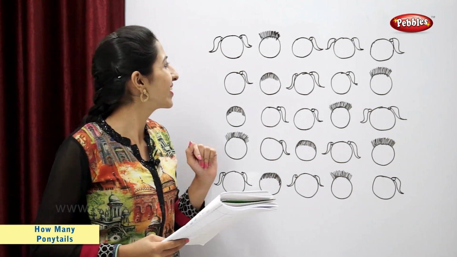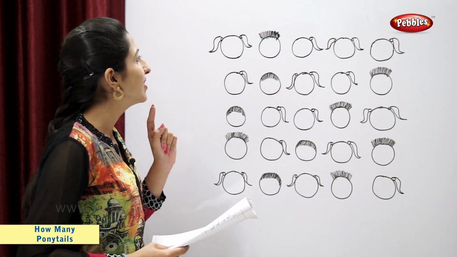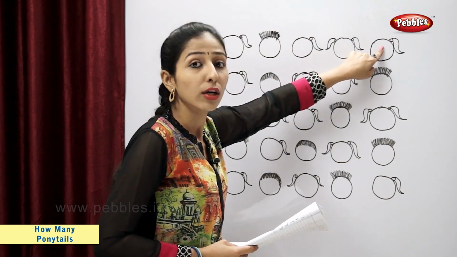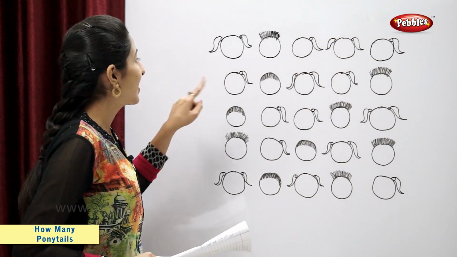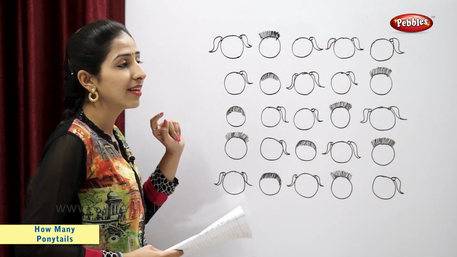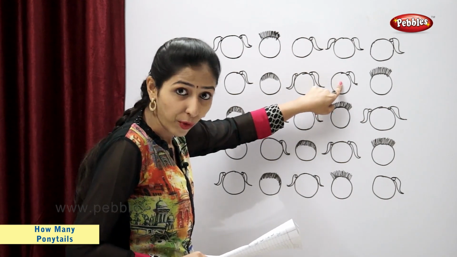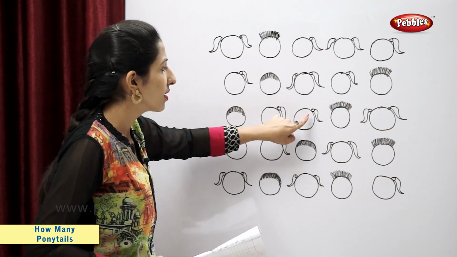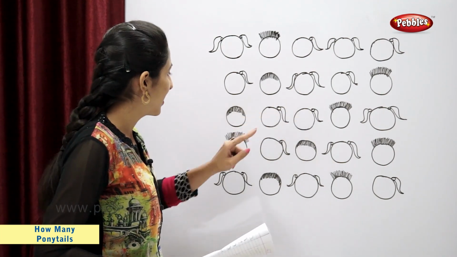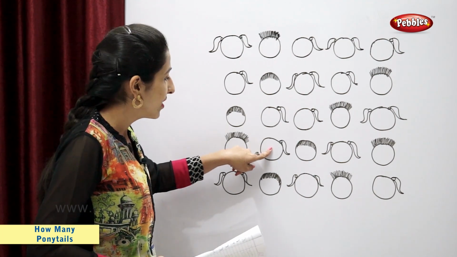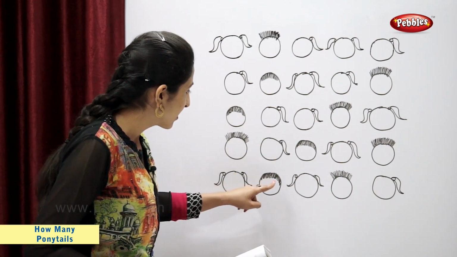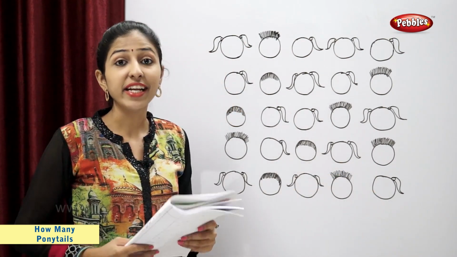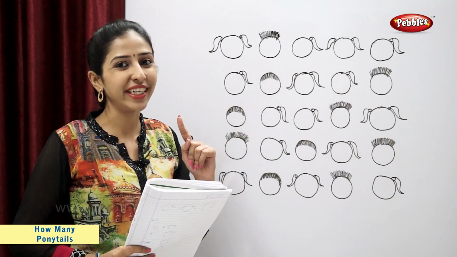Let's count. 1 ponytail. 1, 2, 3, 4, 5, 6, 7 and 8. So there are 8 children with 1 ponytail.